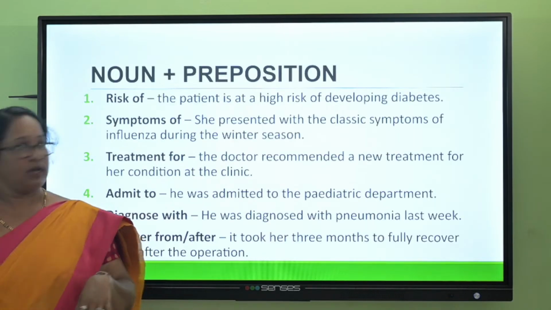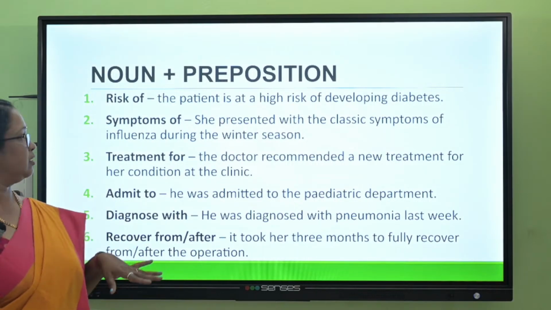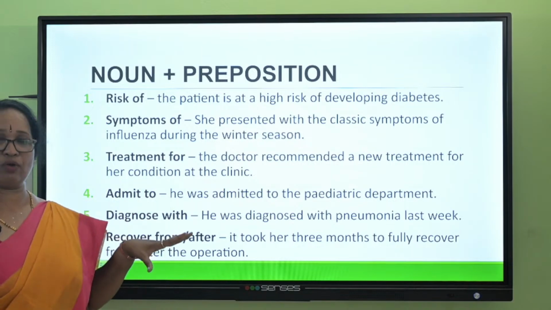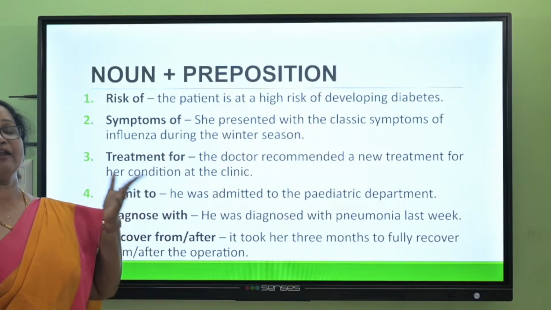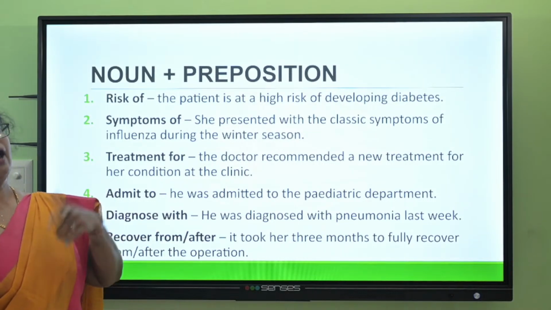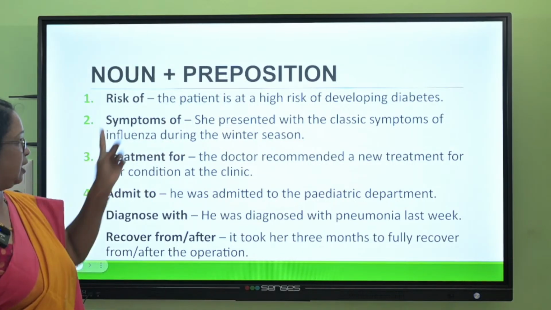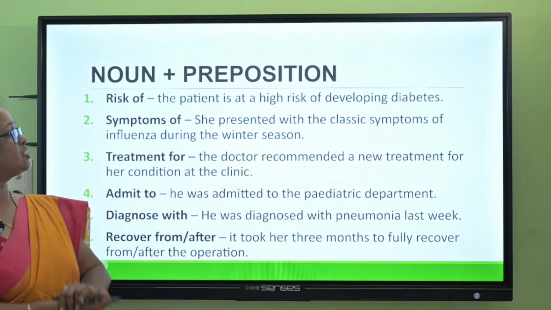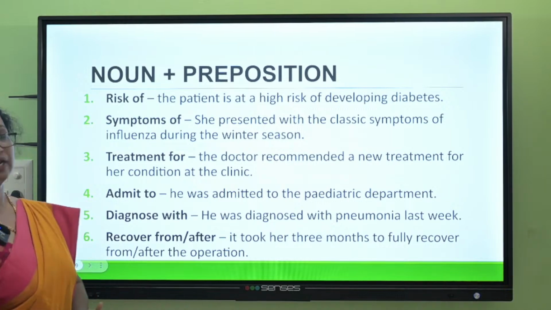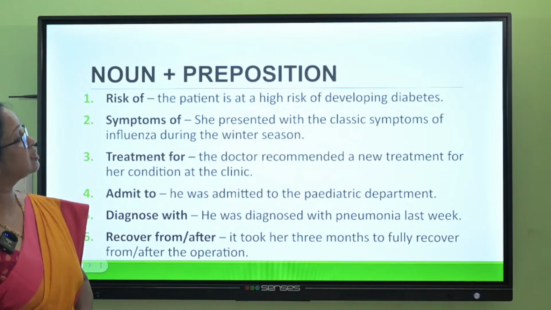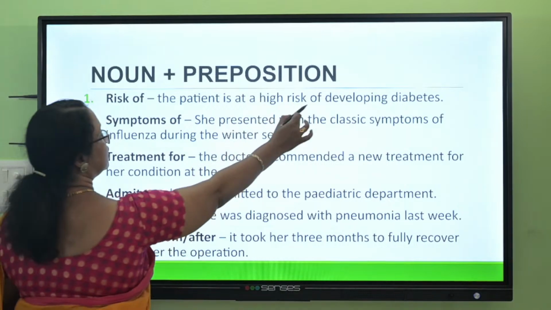And coming to the next, that is noun plus preposition. I think I have clarified the majority of the doubts about in and on, how to use, where to use, when, where, why, and cause, reason, and the noun plus preposition. You see, the patient is at a high risk of developing diabetes. Risk of is a noun plus preposition.